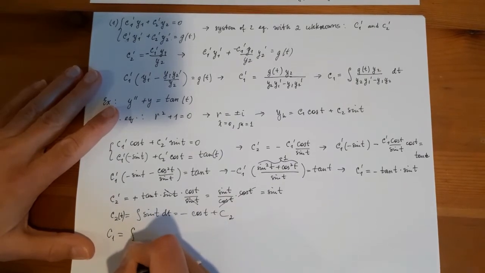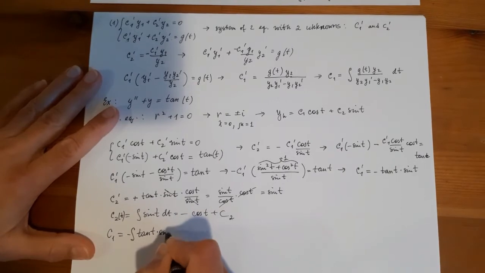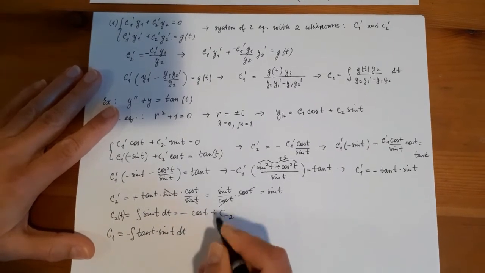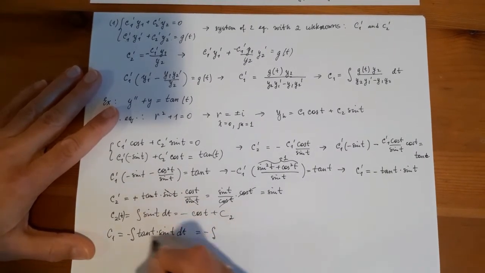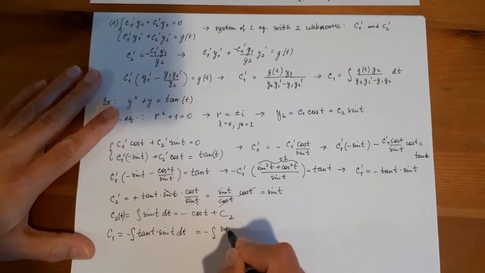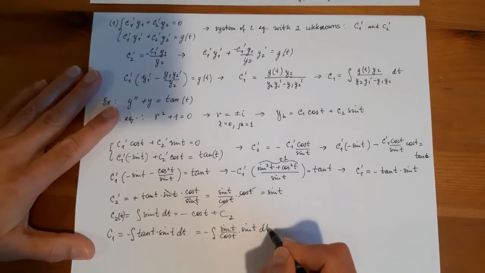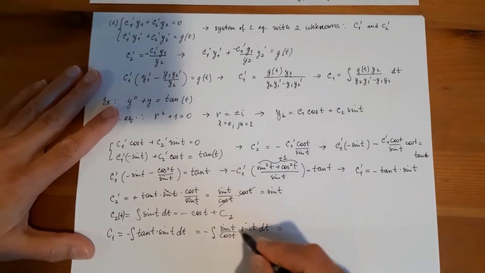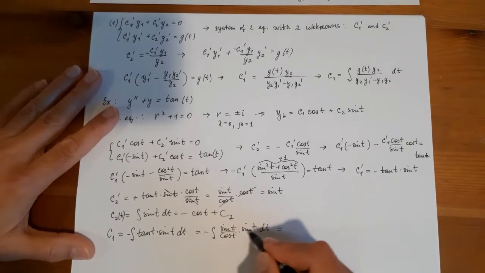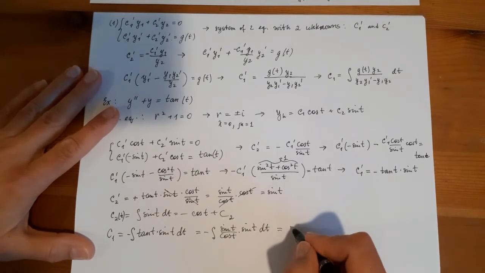C1 is the integral of tangent of t times sine of t dt. I'm going to write tangent as sine over cosine, so sine of t over cosine of t times sine of t dt. I'm going to represent sine squared here as 1 minus cosine squared.